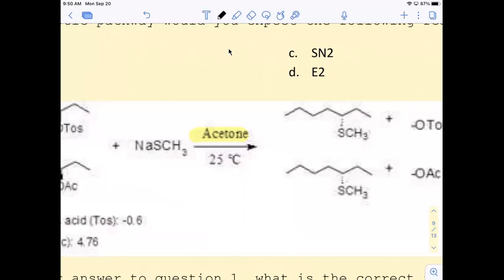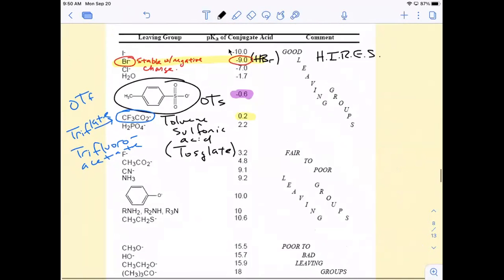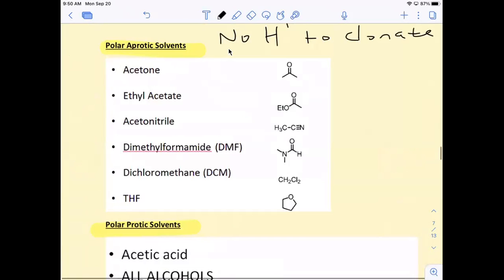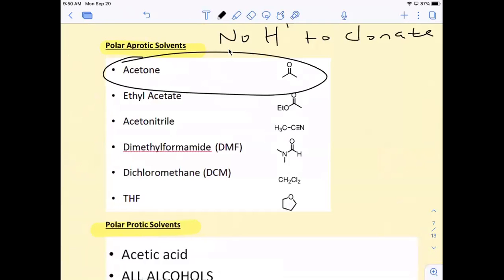Is it protic? Aprotic. Say protic. If you look on the list up top, the first solvent listed on there is acetone.